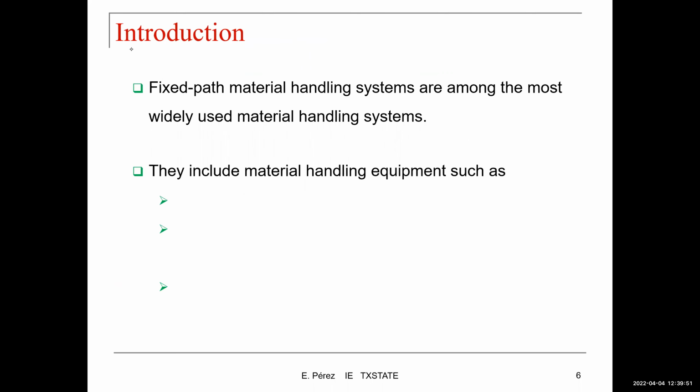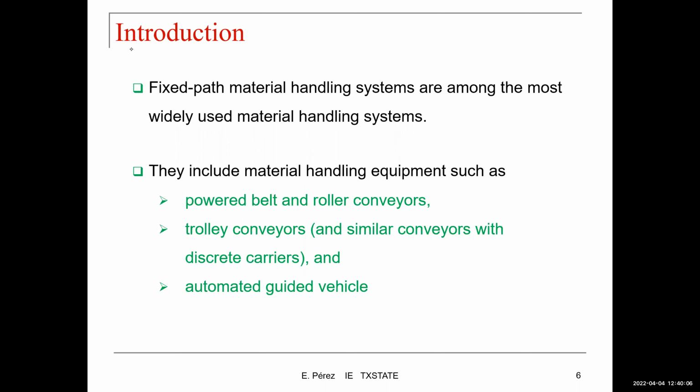As an introduction, again, we're going to be focusing on the conveyor type of material handling equipment. These are fixed path material handling systems that are among the most widely used material handling systems. They include equipment such as power belt and roller conveyors, trolley conveyors, or similar conveyors like the ones that we saw in the previous lecture, and also automated guided vehicles.